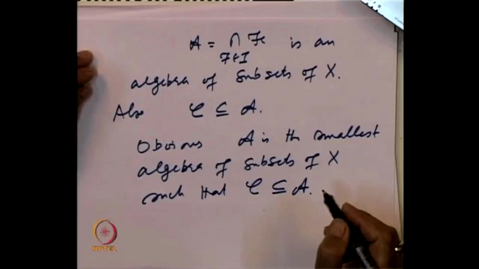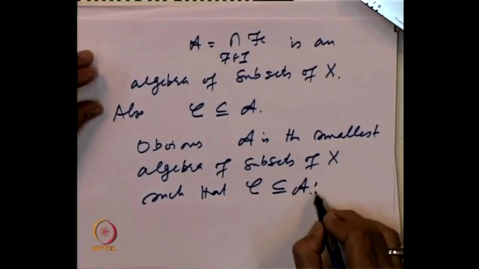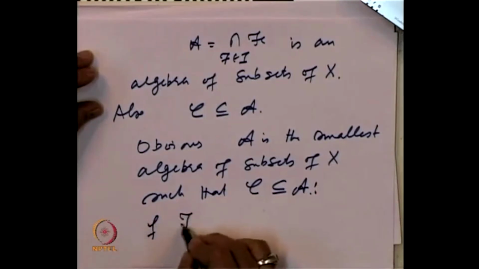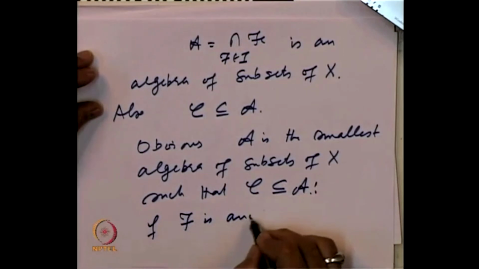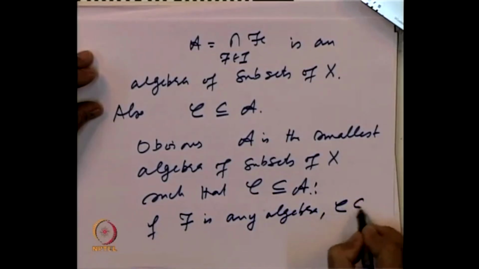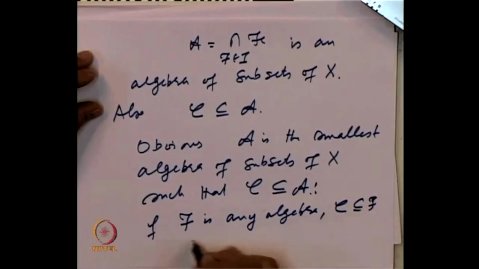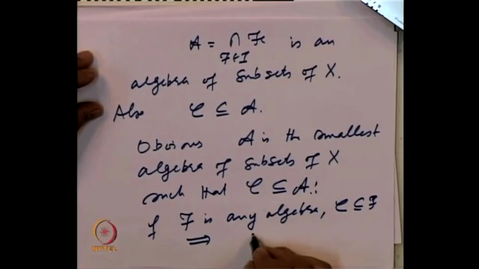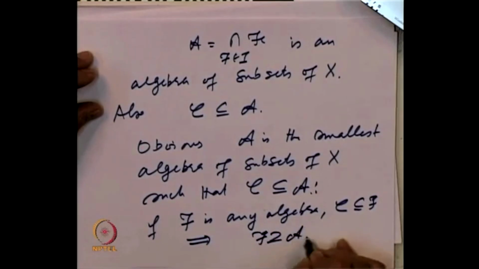That means that if F is any algebra and C is inside F, then F has to include A.